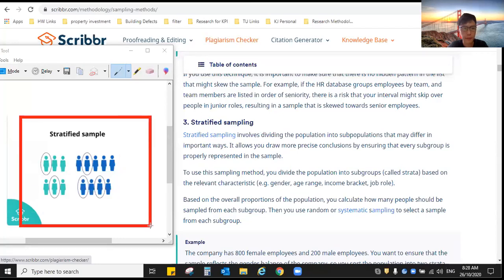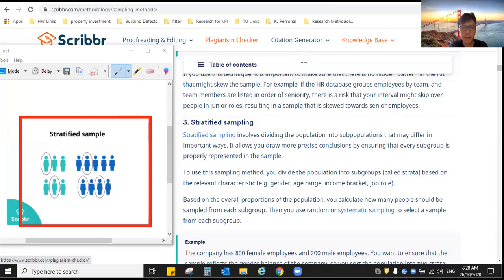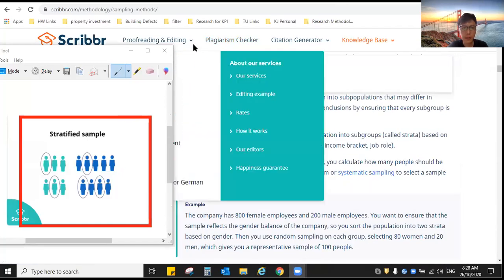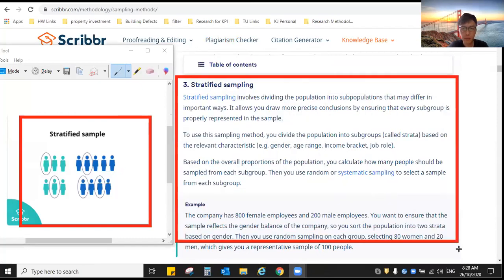Okay, this is stratified, and this is the reading for stratified. Stratified means you are grouping the people.